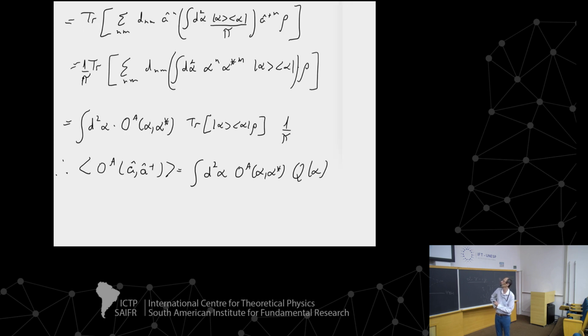When you do that, you can see that you have just the conversion of your operators into C numbers, and now the expectation value of your operator will be given by the weighting by the average of your operator evaluated at position alpha. When you use the anti-normal ordering to substitute your operators by C numbers, having Q as your weighting factor.